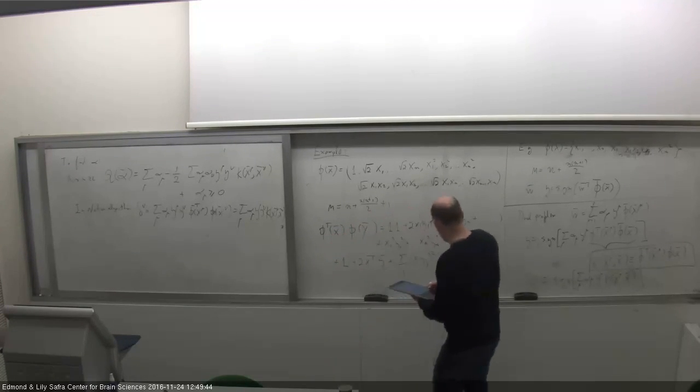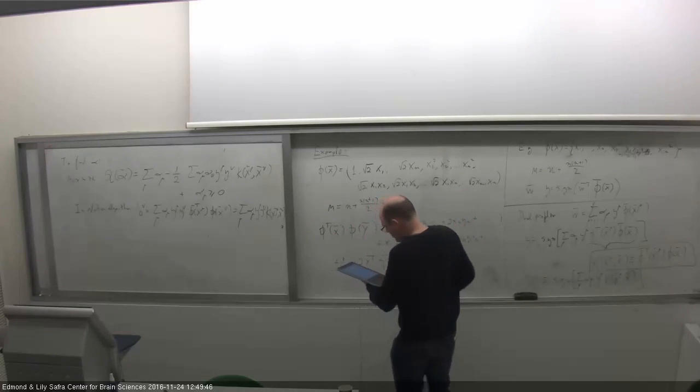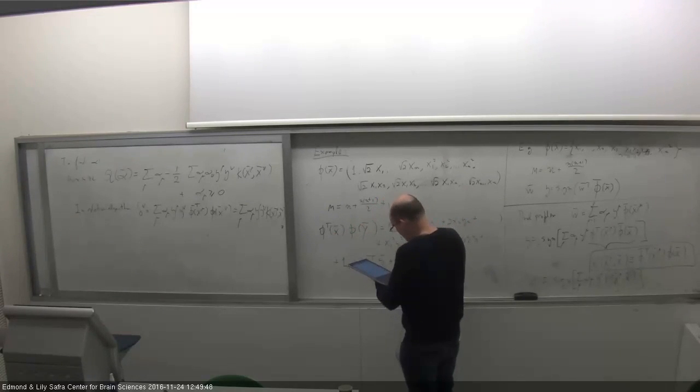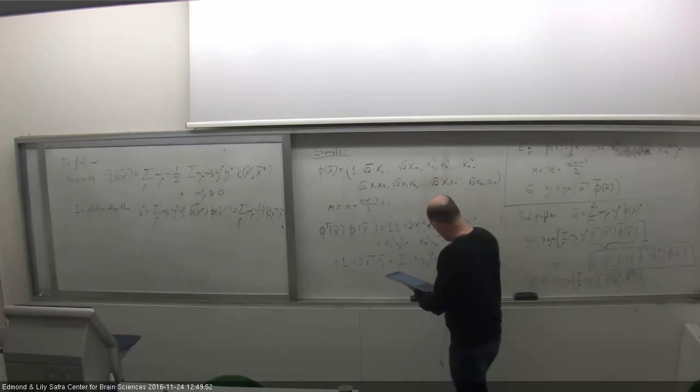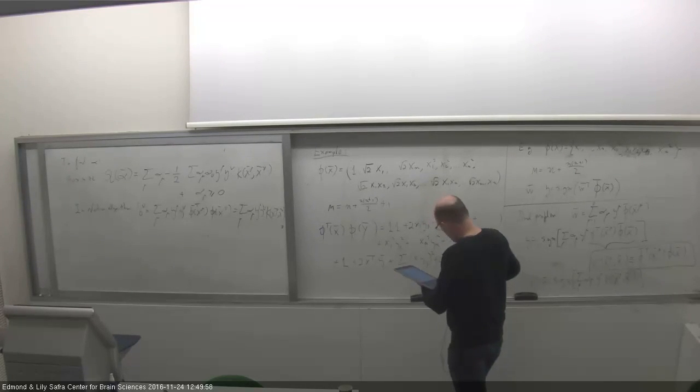Okay, let me write down, and we will see why this is correct. So I have here this, and then I have a sum of 2 times the sum over i smaller than j, xi xj, yi yj.